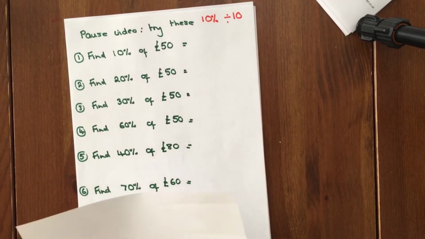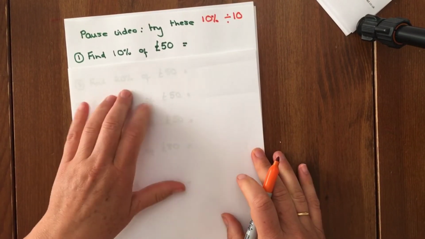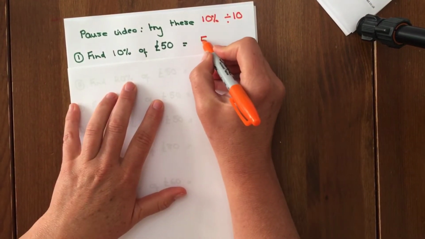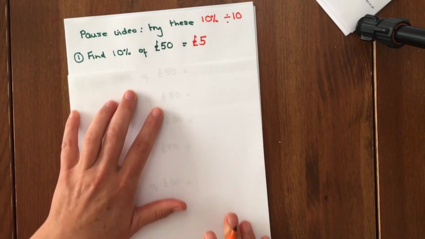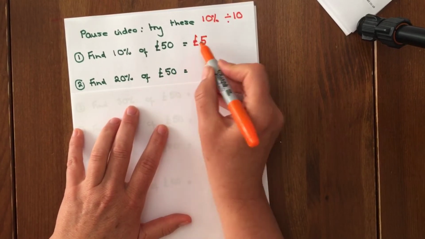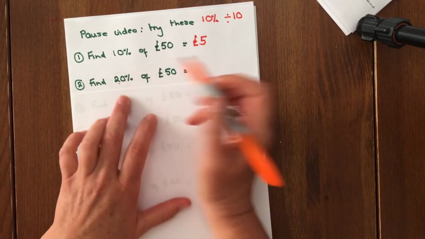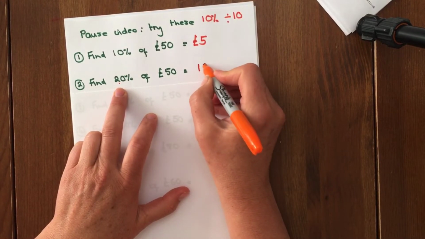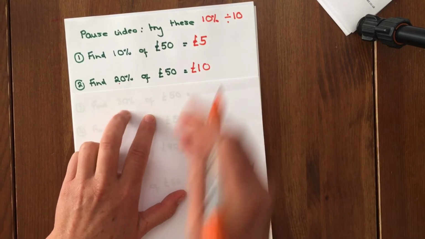Okay, so well done, you've had a good go at that. Let's go through the answers. Well, 10% of 50 is 5. 50 divided by 10 is 5. Right, 20%, well, I've got 10% and I just want 2 lots of 10% now. So 2 lots of 5, 2 times 5 is 10.